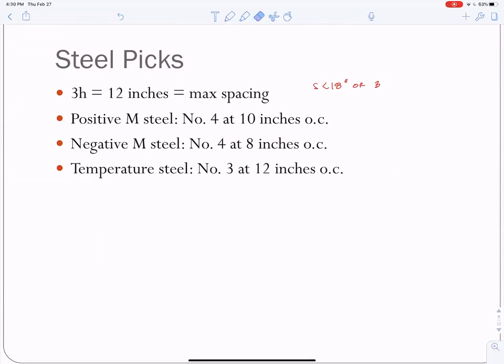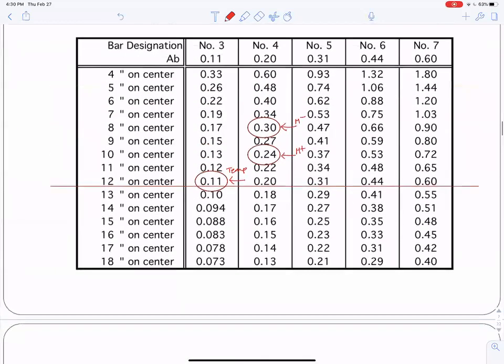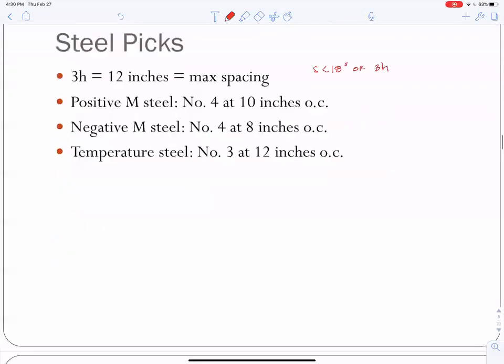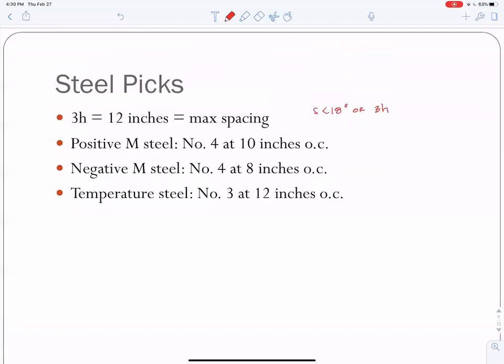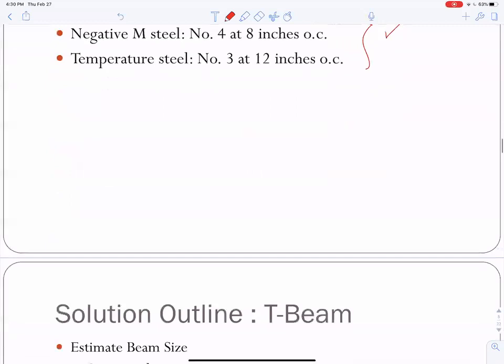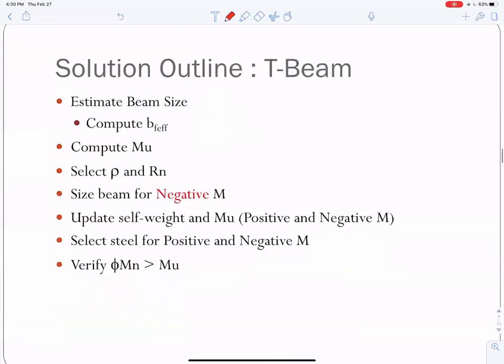The slab was 4 inches thick, so it needs to be less than 12 inches. This is 3H. So everything had to be above that line. That's why I couldn't pick this. That's why I went with the number 3s at 12 inches for the temp steel. Okay. And these were the final choices I made. The slab's done, and so now we're going to design for the T-beam next.